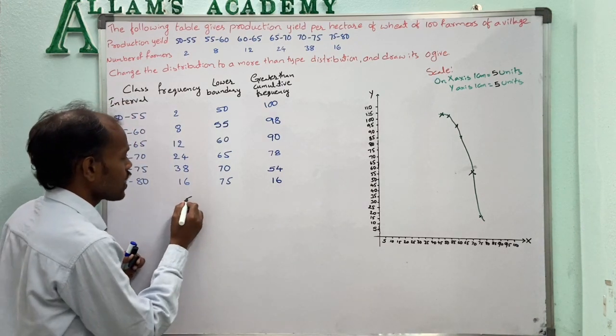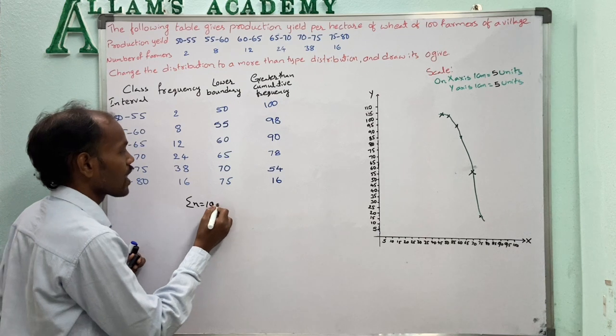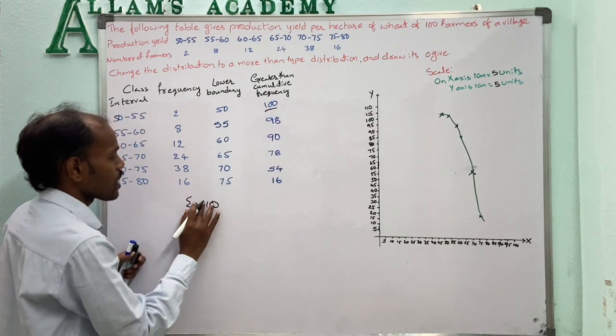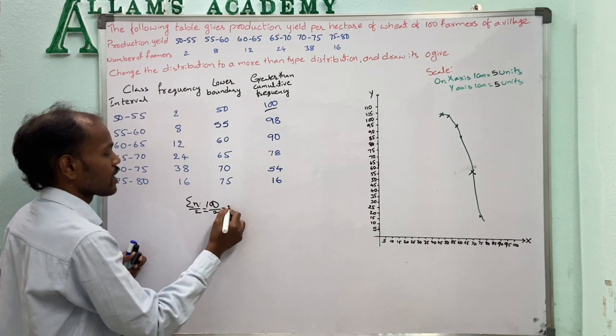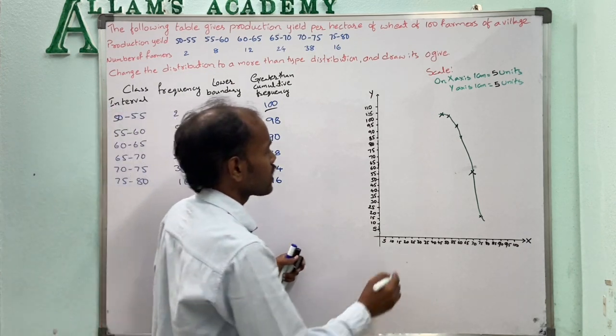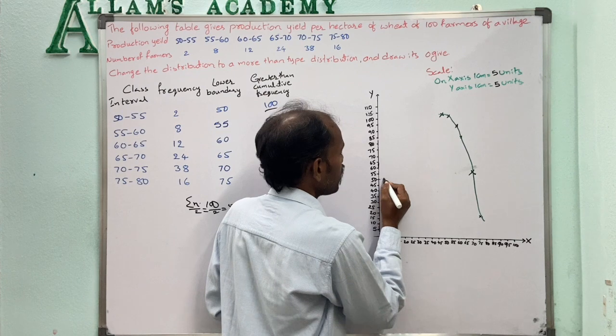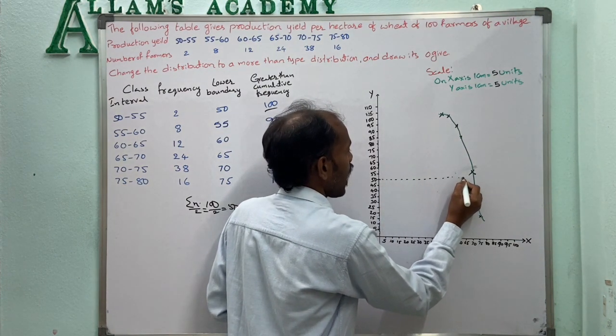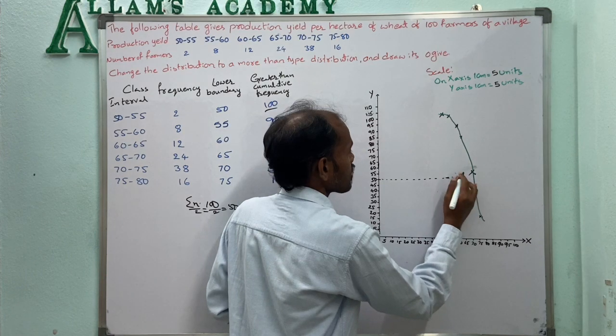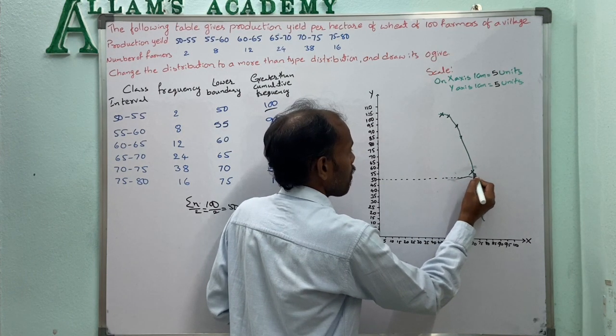For this graph, to find the median, if asked, here we know the summation n is nothing but 100. So summation n by 2 is nothing but 50. For that 50 value, if we draw a parallel line to the x axis, it touches the graph at this point.